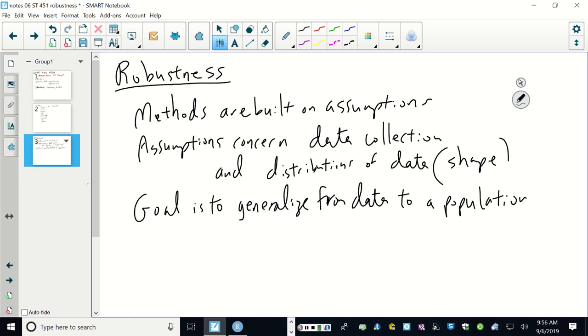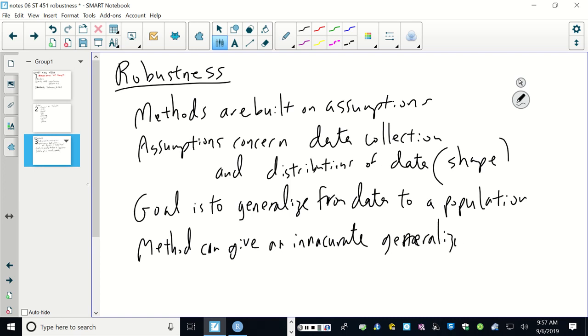So the methods can give an inaccurate generalization if the assumptions are wrong.